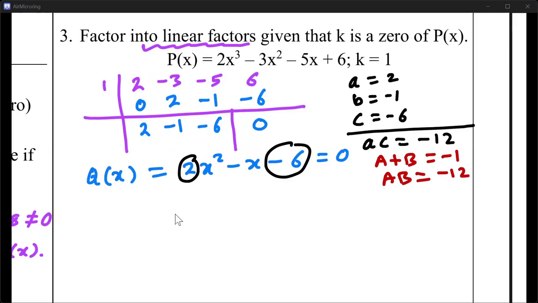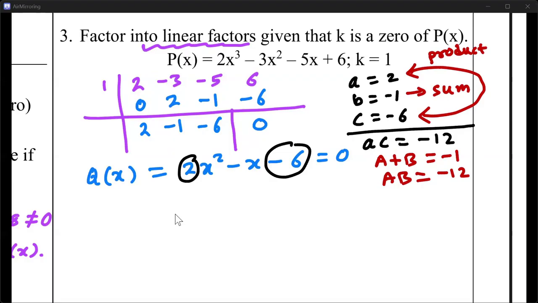That is the technique. So this is the sum. And when you multiply these two, whatever you get should be the product. So figure out the two numbers. When you add, you get minus 1. When you multiply, you get minus 12.